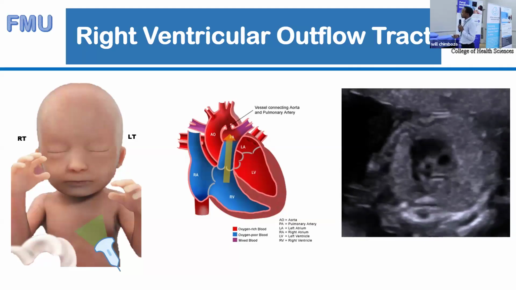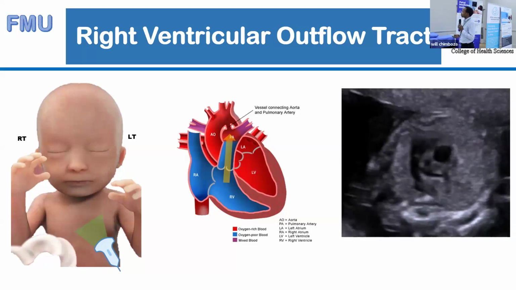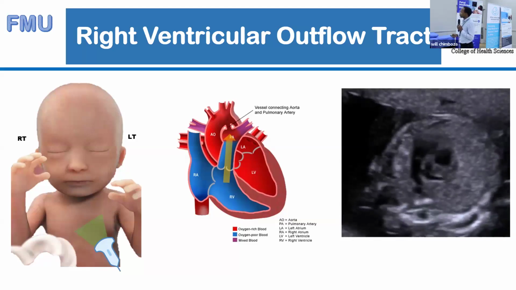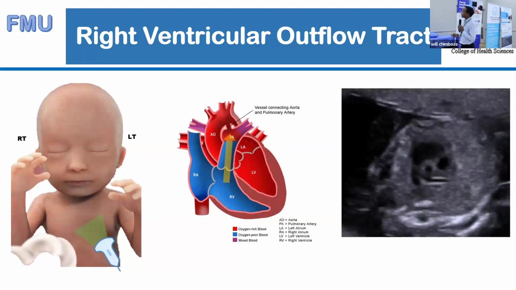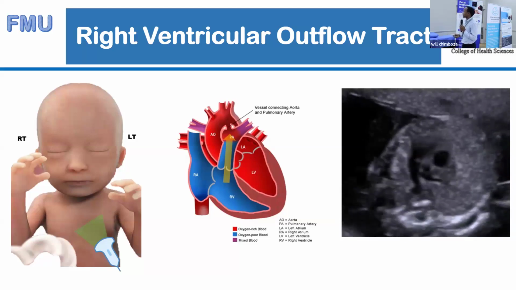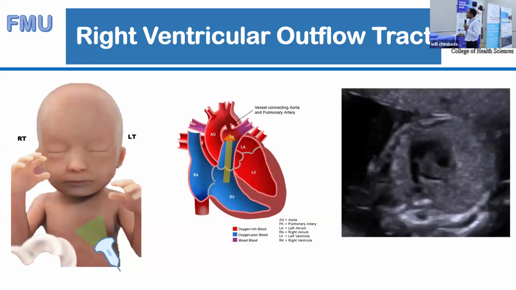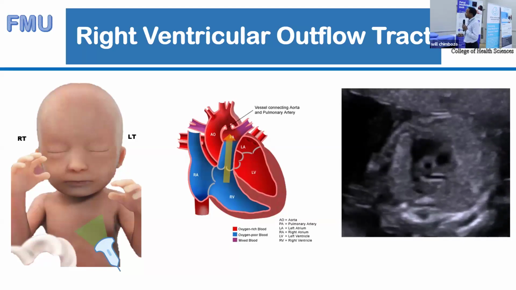So this is the area that we are assessing. We should see the right ventricle, the main pulmonary artery, and then as it divides into the right and the left. We should assess the pulmonary valve, which should be freely moving.